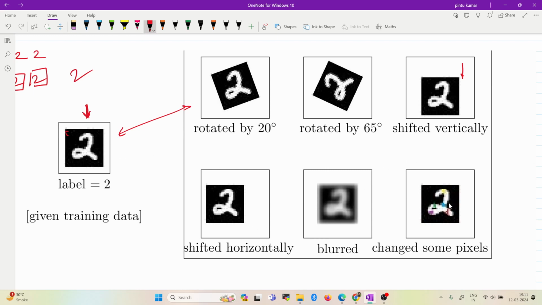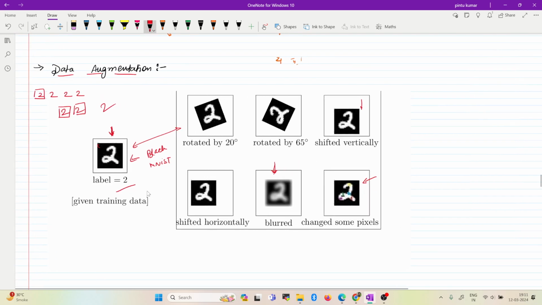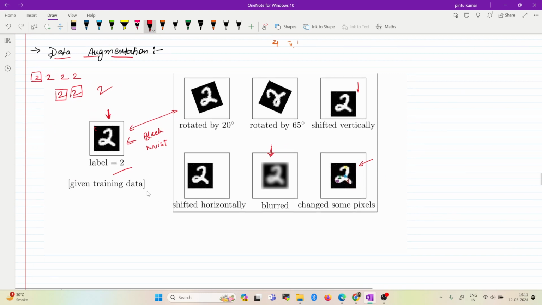You can change the pixel colors, maybe, for example where you are training just on black and white images, the MNIST data set, and you want to predict the numbers even in colored format. That is also a possibility. The image that is clicked can be slightly blurred and you want to learn even for that kind of data. So you make these kinds of variations for your existing training data set, and you include it as your training data set.